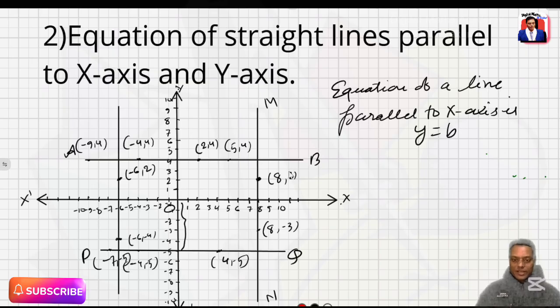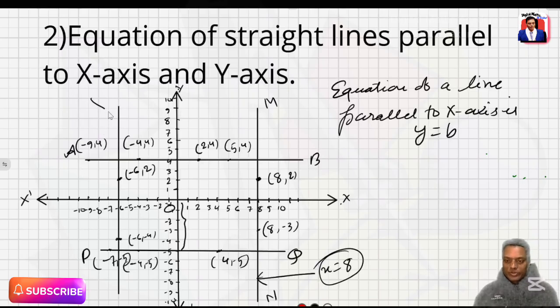So the equation of this line will be x equals 8, because the x-intercept is 8. The equation of this other line will be x equals -6.